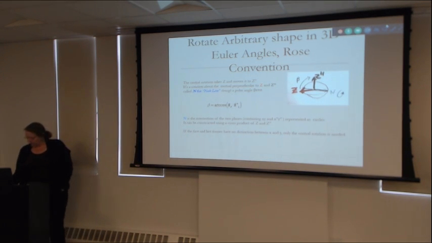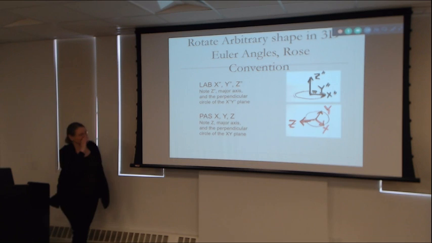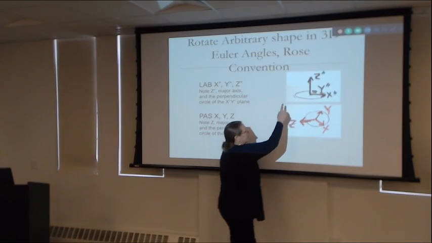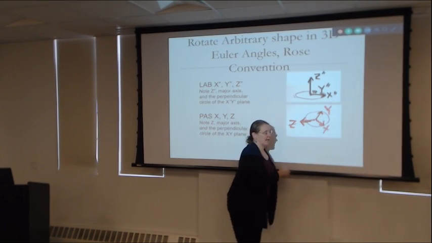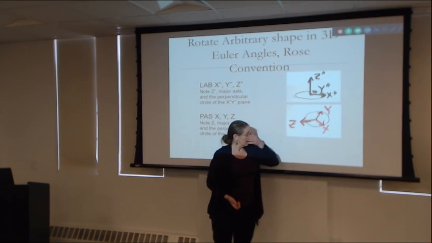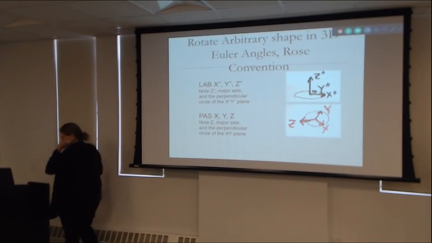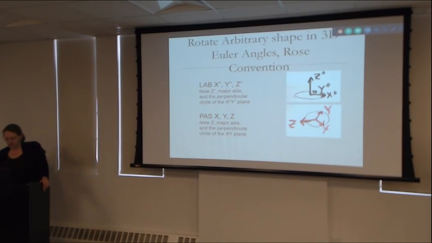Go back to the previous, and you see two circles. This is for the final frame, which might represent lab or crystal. This is for the molecular frame, principal axis system, tensor of interest, and the atomic coordinates. So they each have these circles.